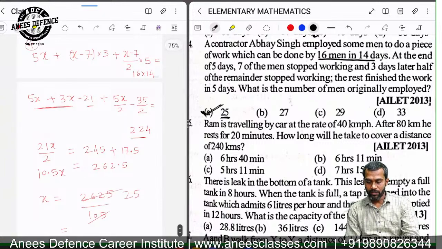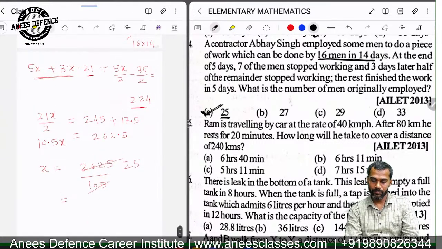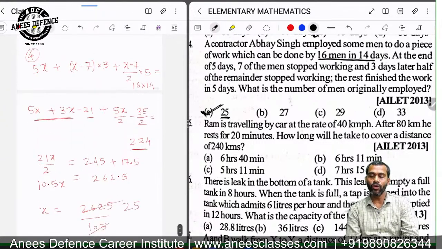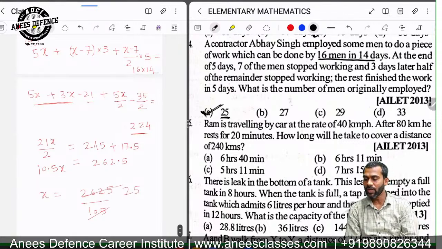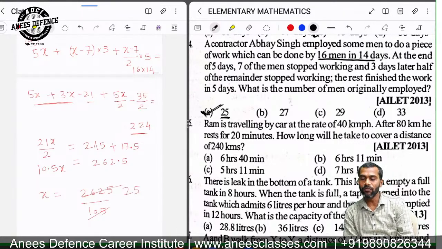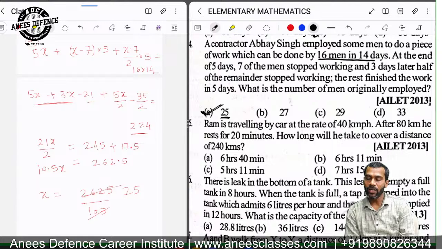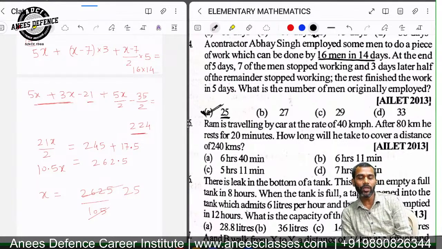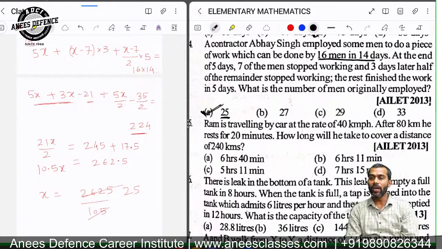Yes, Purva, have you understood? So what we need to do is equate the total work. The total work initially is 16 into 14. Let us assume X number of men were originally employed. For the first 5 days they all worked together. After 5 days, seven of them left the work, so the remaining number of men is x minus 7.